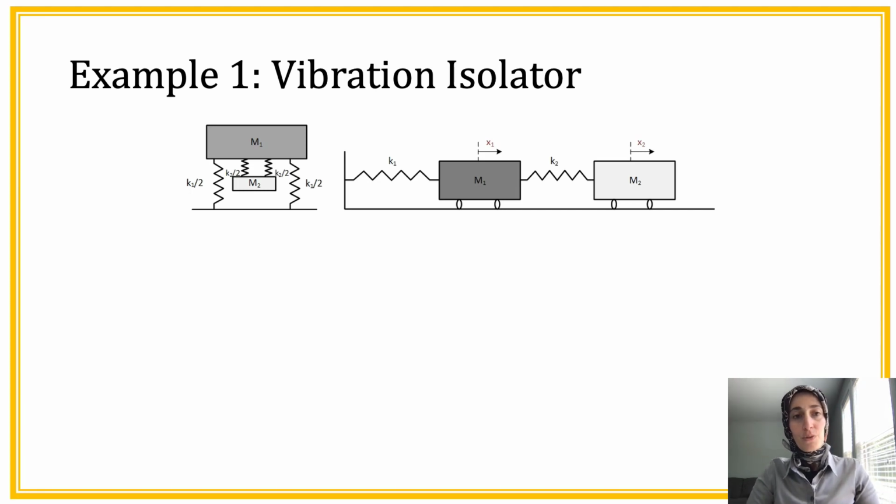Potential learning outcomes of this vibration isolator activity, which can be given as a homework, a project, an in-class activity or a lab activity, can be listed as: design of a single degree of freedom system using the MATLAB app, derive the equation of motion of a single degree of freedom system, obtain the system response data from the MATLAB app, obtain the natural frequency using the two methods, equation of motion and also the simulated response.